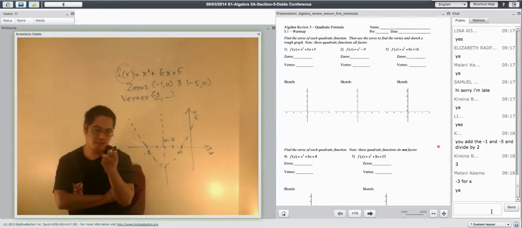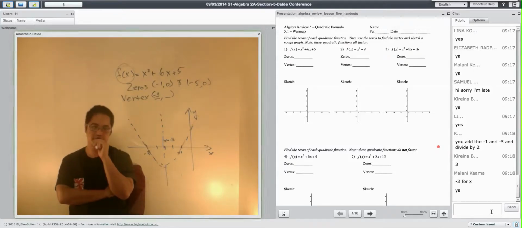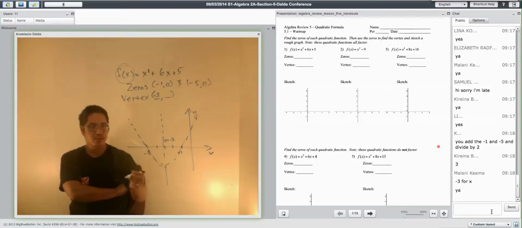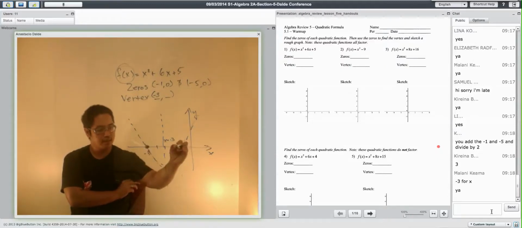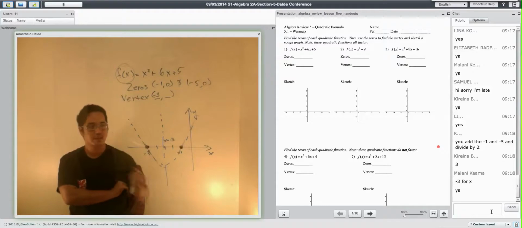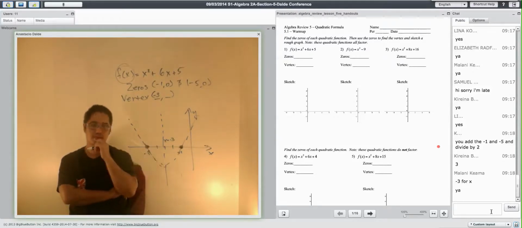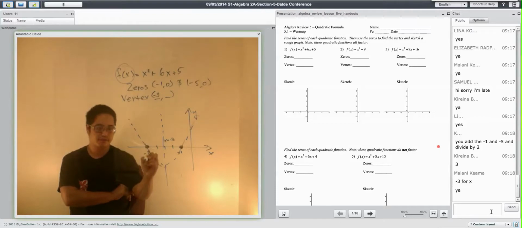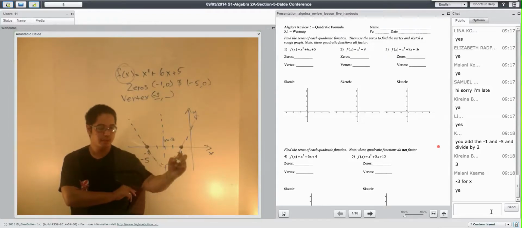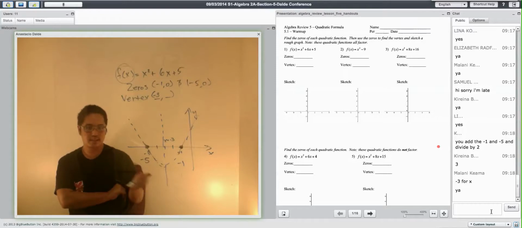How did you figure that out? Actually, Kaylin already put it up on the chat bar. What you do is you say, all right, I know the x-coordinate of the vertex of this parabola is going to be in between these 2 points. So if I'm talking about -5 and -1, what's exactly in the middle?